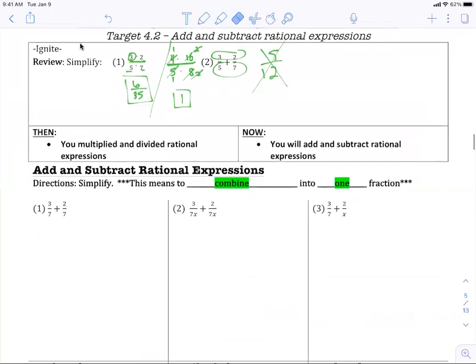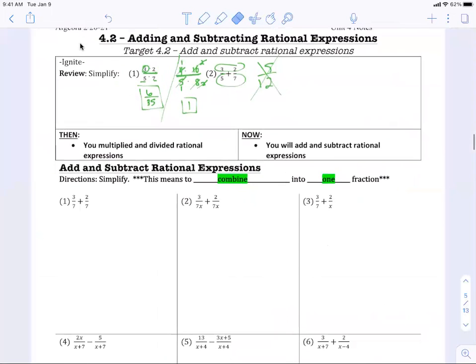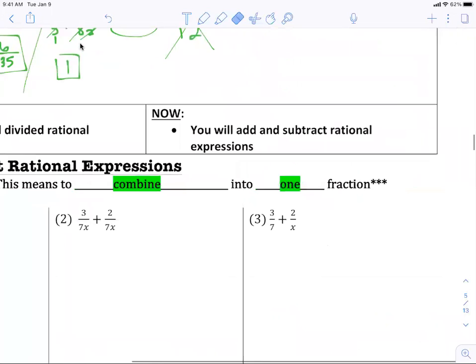But we want to simplify expressions that are being added. There's a process that we have to go through involving getting a common denominator. So just so you guys know, I'll almost always shorten common denominator and write it as CD.